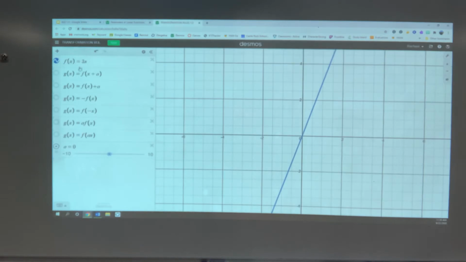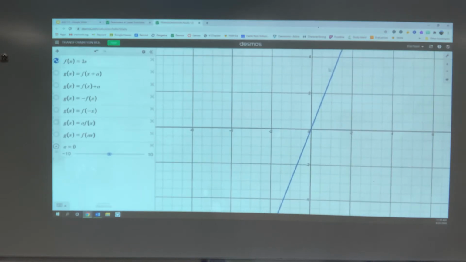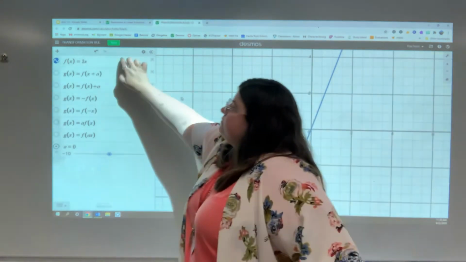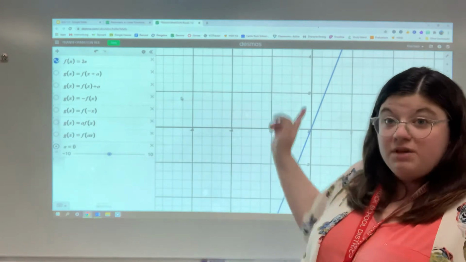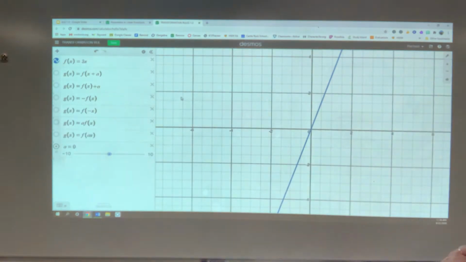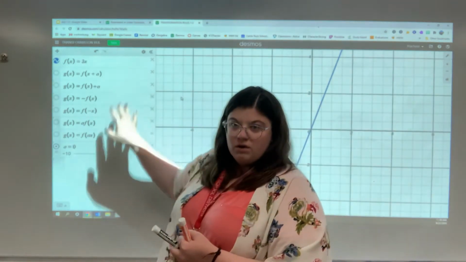So on Desmos here, what I have graphed is the blue line. The blue line is our original function, f of x equals 3x. So that's up here. Don't worry about these. These are the transformations. I'm going to be turning them on so we can see what they look like. The transformation that we had was f of x plus 9, and in here it corresponds to this one.